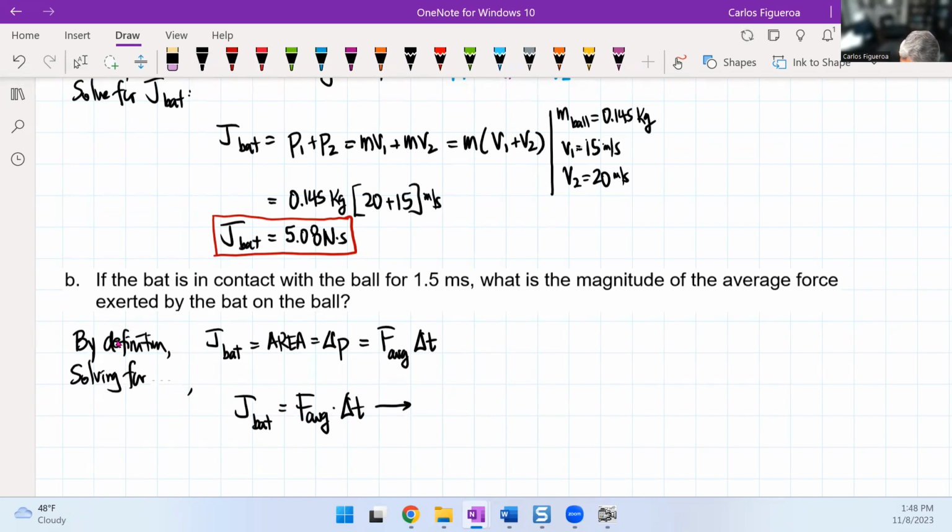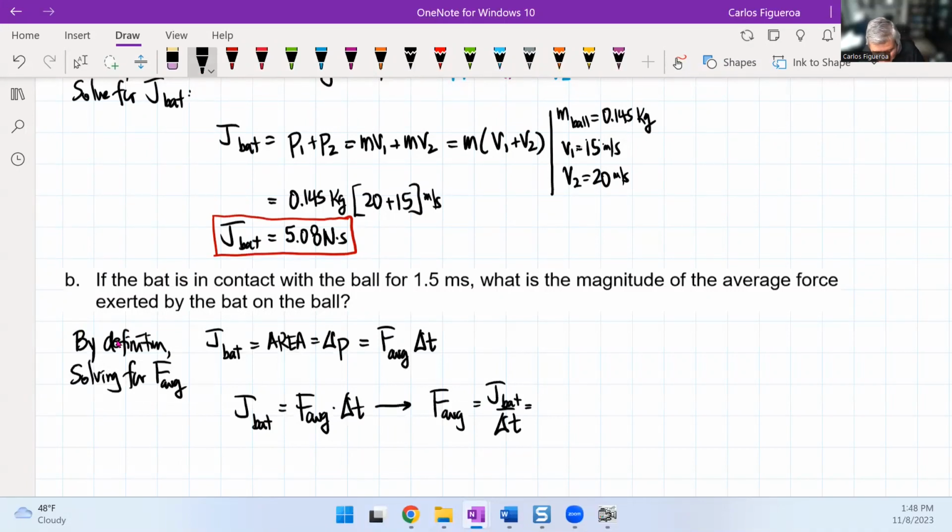I should have said the average force of the bat. So how about if I go back and rechange that, the average force is then J bat divided by delta time.